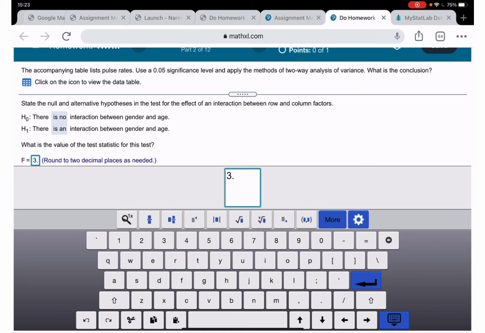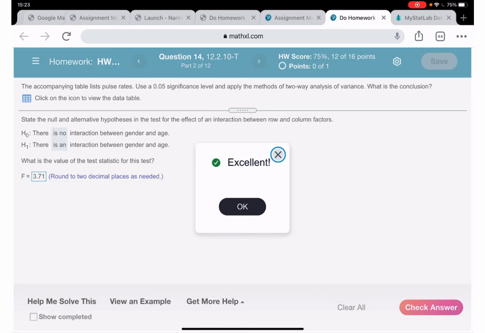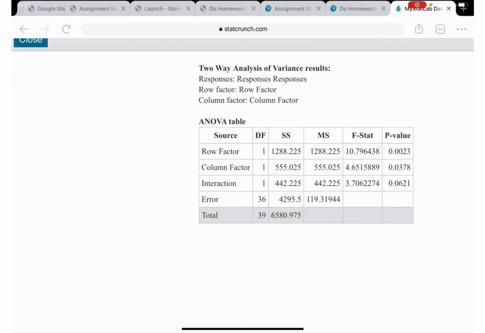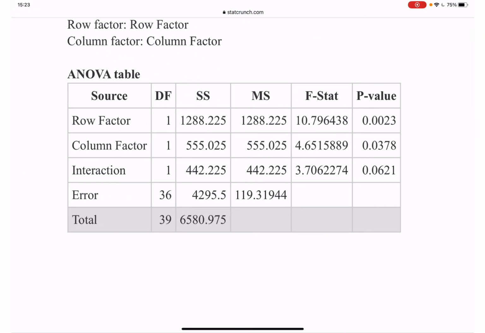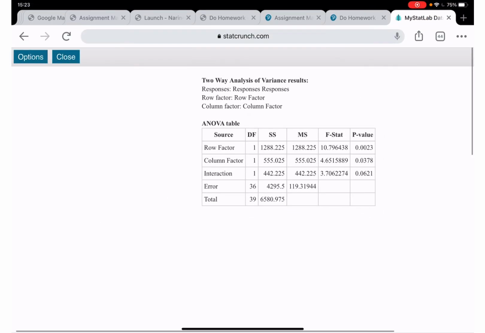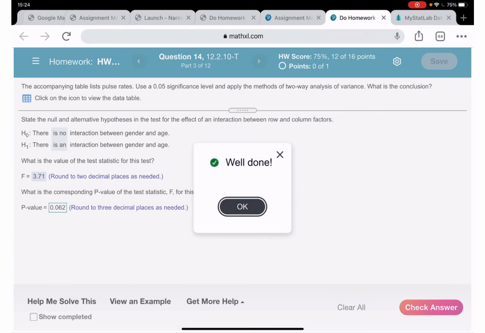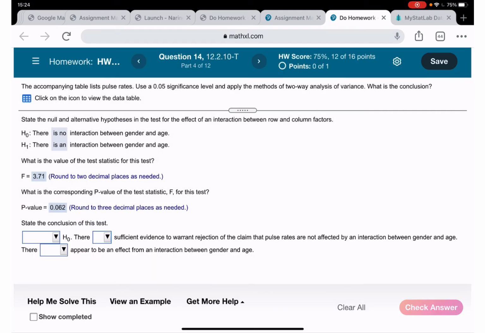We'll see. 3.71, we set. Oh, that's good. So it doesn't affect. Very good. So next is the p-value. Let's look at the p-value: 0.062, because we are looking into interaction. So 0.062. Okay, we are done.